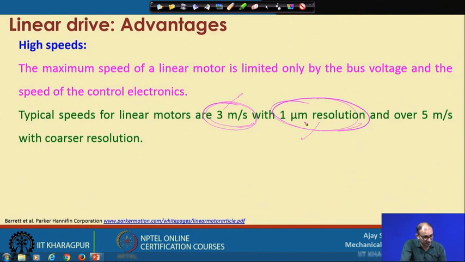That is very difficult. So, by increasing the speed, you have to use a coarser resolution. You have to compromise, and instead of 1 micron you can go with 5 micron or 10 micron, then you can go with very high speed. That is one way you can compromise with respect to resolution if the primary criterion is the speed.